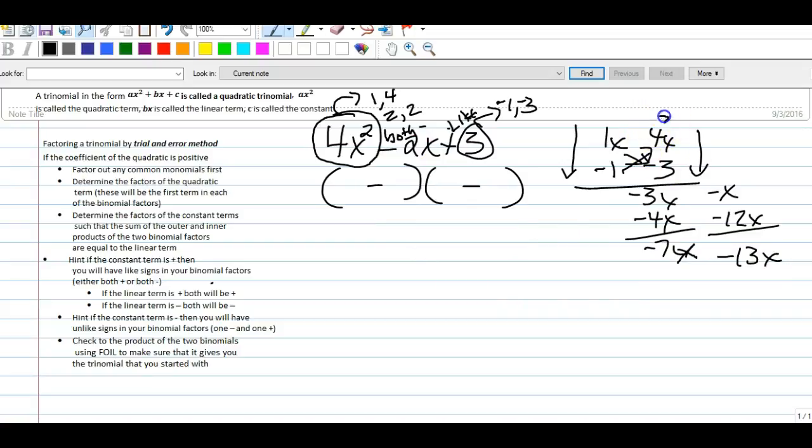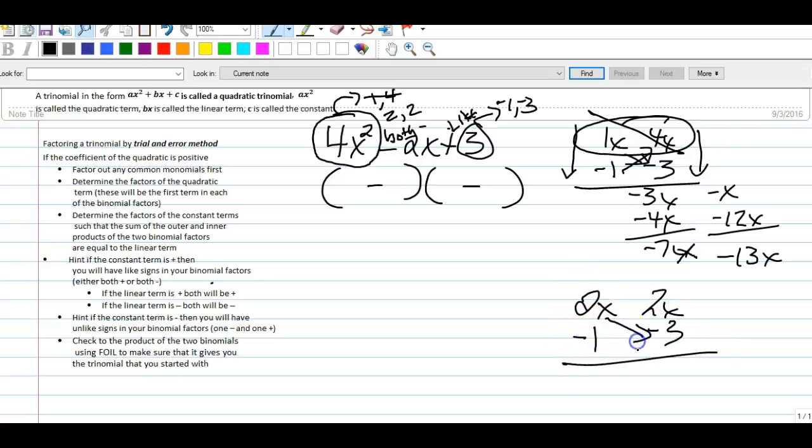So obviously this combination that I chose for the factors of the quadratic term is not the magic combination that I need. So now I need to test 2x times 2x and minus 1 times minus 3. So I have 2x times a minus 3, which is minus 6x, and a minus 1 times 2x, which is minus 2x, and that gives me a minus 8x.